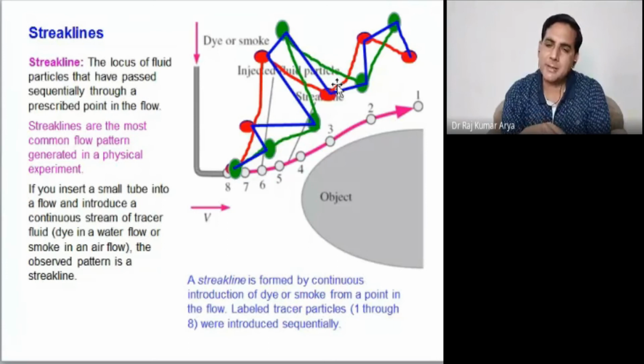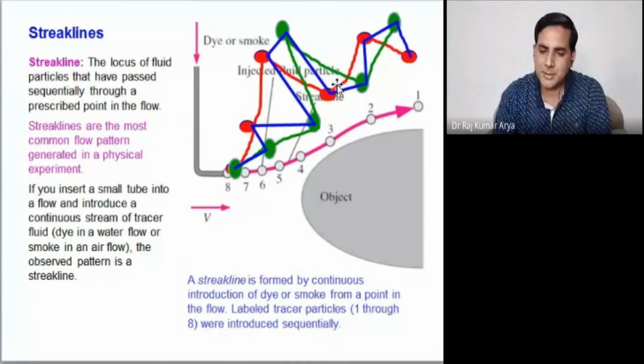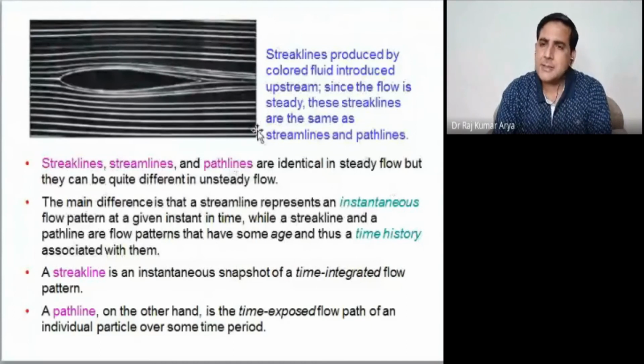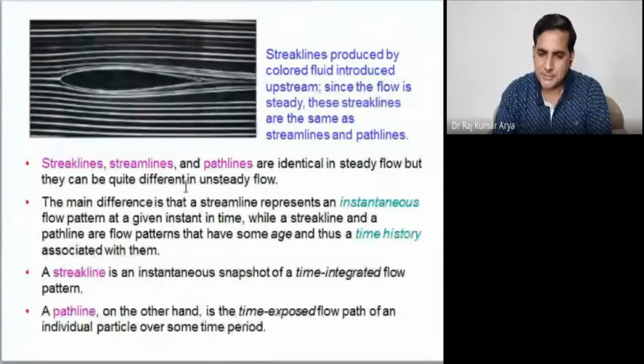So in case of the streamline flow pattern, all of them are same. So we can end this class here actually. We already talked about this: streak lines, streamlines and path lines are the same for streamline flow. But in unsteady flow, they would change because there are no flow patterns.